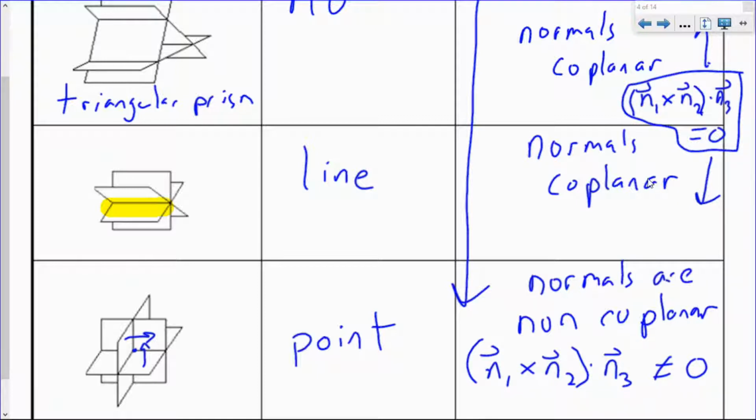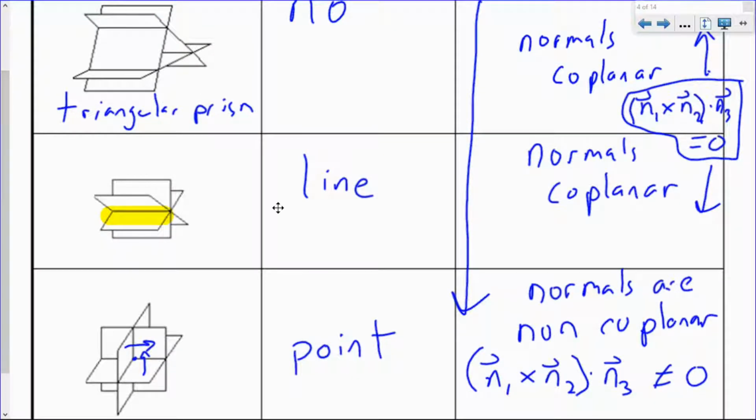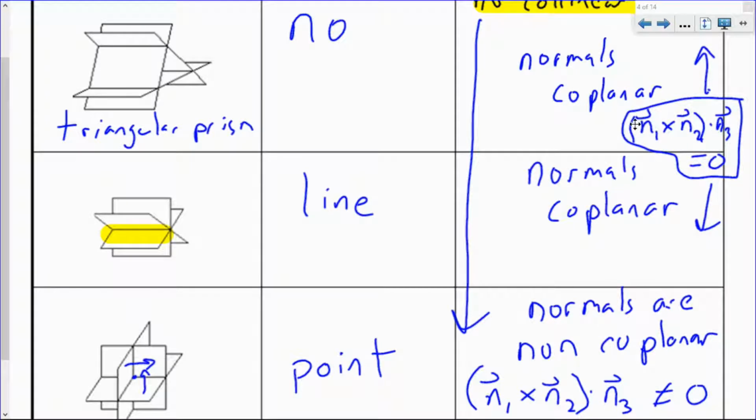Now, why is that the case? Well, it's a little bit hard to explain just by talking, but if you remember, we did discuss this. If normals are coplanar, if you cross 2 of them, you get a vector perpendicular to n1 and n2 and any vector in the same plane. So if they're coplanar, once you take the cross product, you dot it with n3, you must get 0 since n3 is also perpendicular to any vector perpendicular to both n1 and n2.